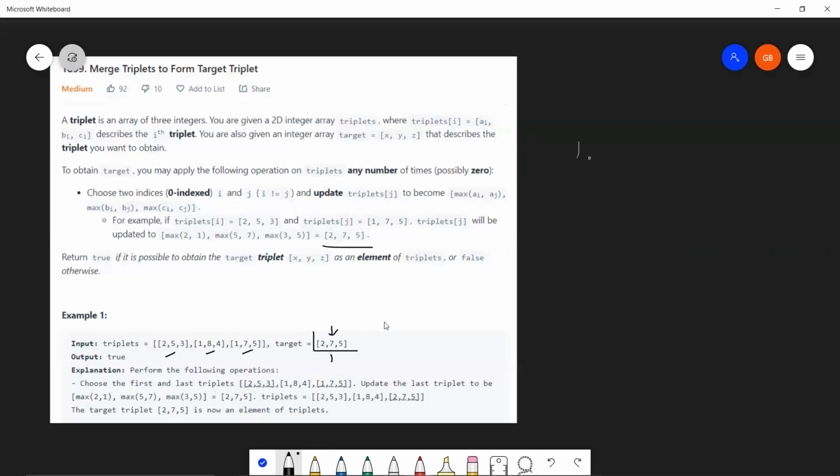Because let's say you're taking the max between 7 and something that is greater than 7, obviously your answer will be shifted to this greater value. It can be 8, 9, 10, any number greater than 7. So do you think that this triplet is viable for us?